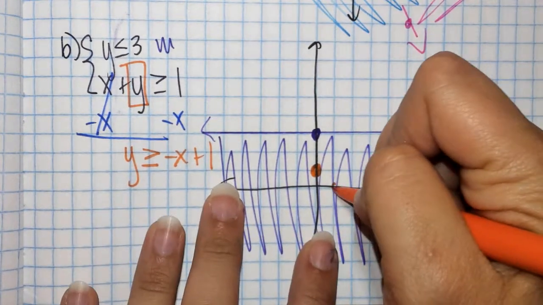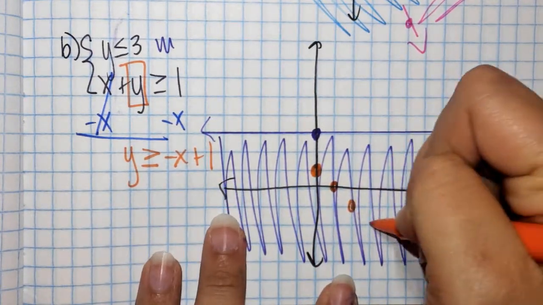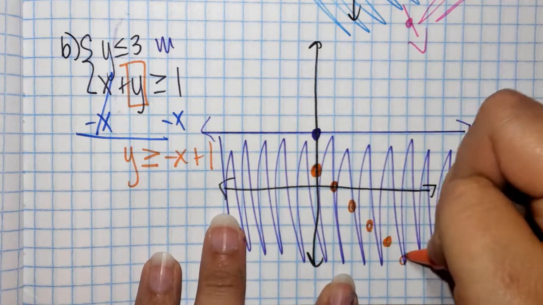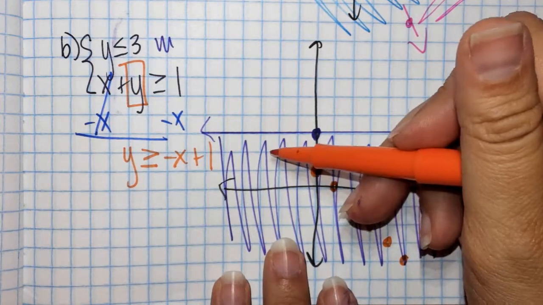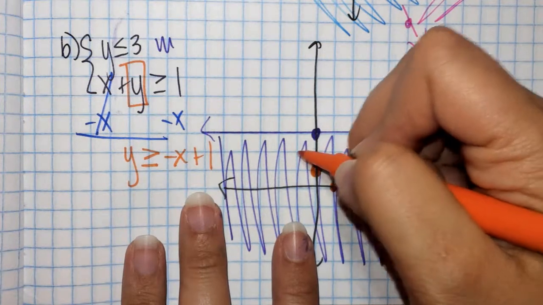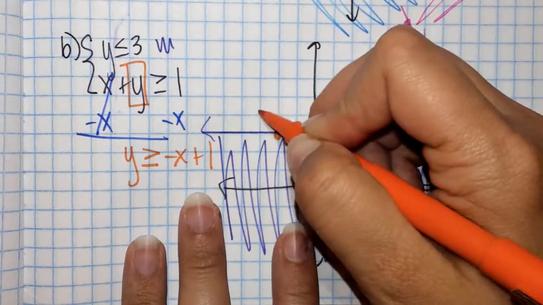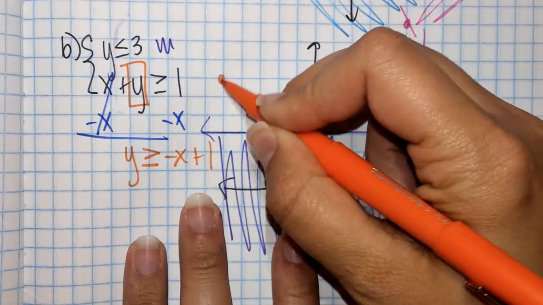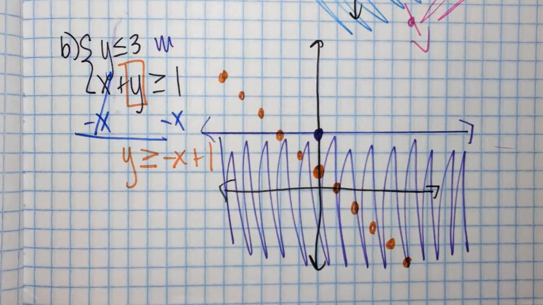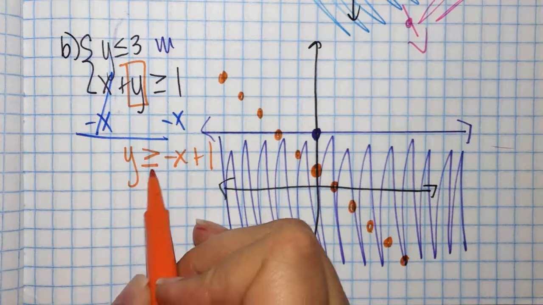Down and right. Yep, because it's negative. Awesome. Should I also go up and left so I go all the way across? Yes. And am I going to have a solid or a dashed line? Solid, because of this line right here.